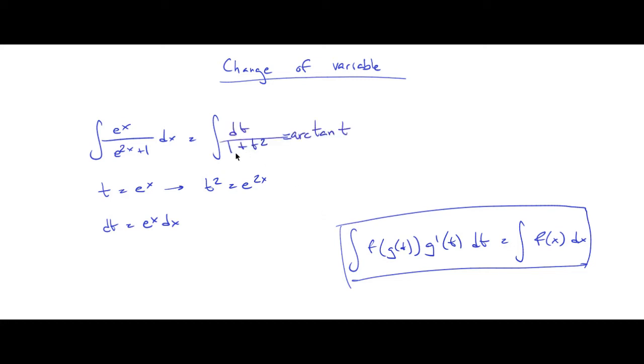And then plus c, of course, plus the constant. Now you undo the change of variables, and you get the arctangent of e to the x plus c. Okay, as easy as that.